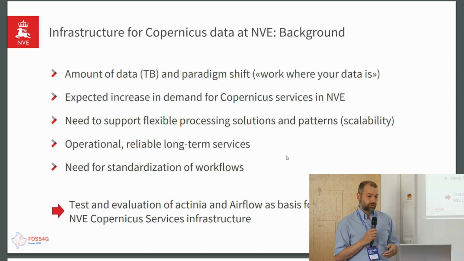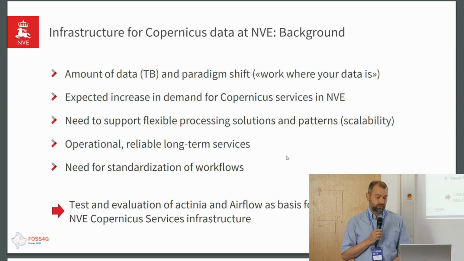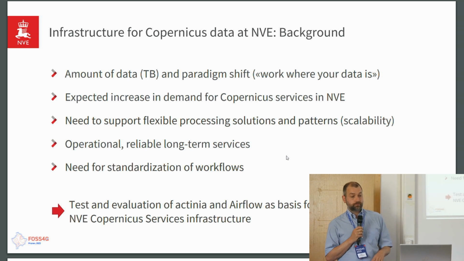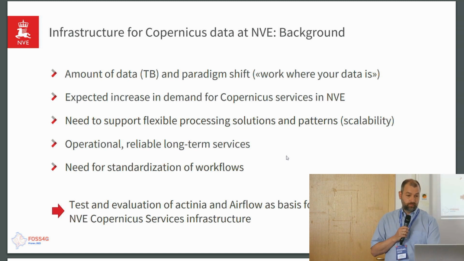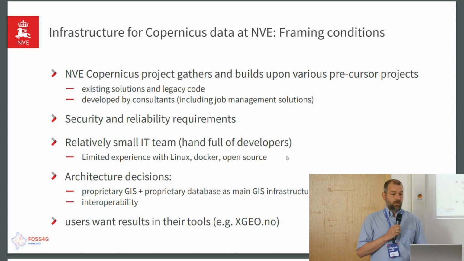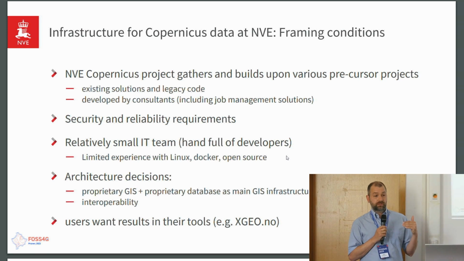So we also see a need for standardizing workflows to reduce the maintenance burden, and that was the point where we decided we want to test and evaluate if actinia, the OSGeo Community project, and Apache Airflow can help us and be used as a basis for our Copernicus infrastructure.